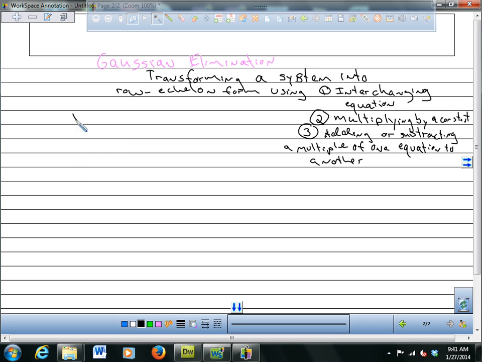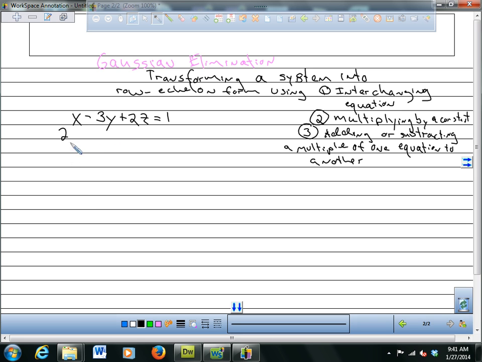So, for instance, they'll give you something that looks like this, and I try not to pick the exact same examples that are in your book. x minus 3y... I'm going to show you where we got that original one that was in row echelon form. So I notice this equation is the same as that first one.